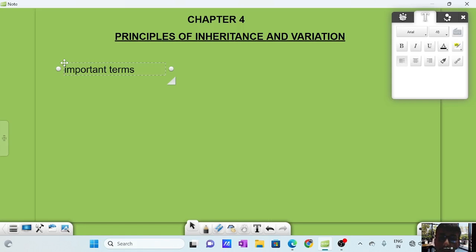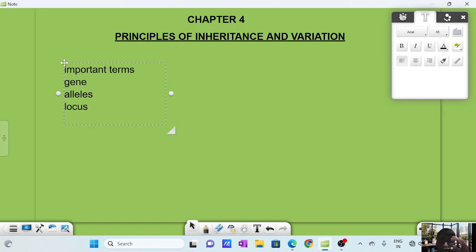Certain important terms which are related to genetics. First of all, we will be learning what is a gene. What is a gene? Then alleles, then locus.